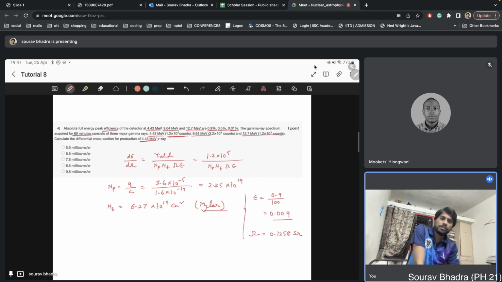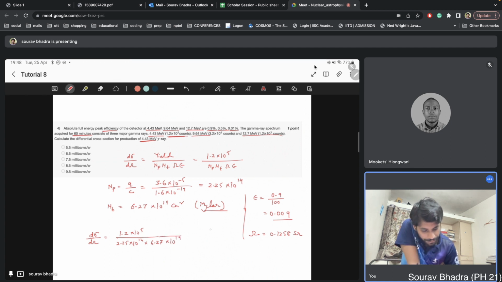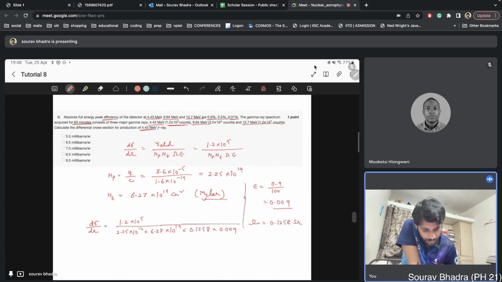So we will use all these values which we have calculated earlier, and that will give us d sigma d omega is 1.6 10 to the power 5 divided by 2.25 10 to the power 14, Np, Nt 6.27 10 to the power 19. Okay, and solid angle is 0.1258 and epsilon is 0.009.